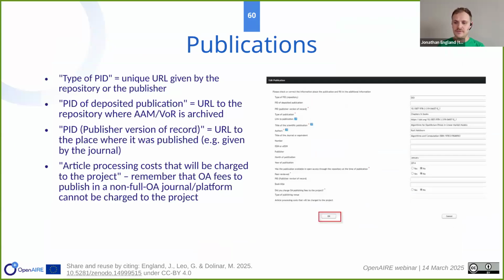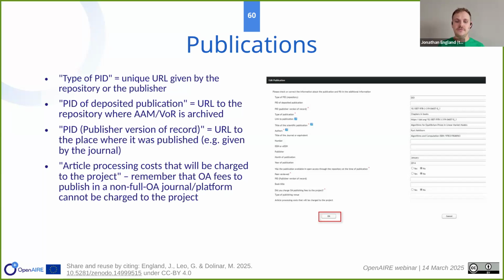There's a couple of things here. The type of PID is, as I said, usually the DOI. It's this unique URL that I've been talking about. Then you have the PID of the deposited publication, which is where you've deposited or self-archived it.